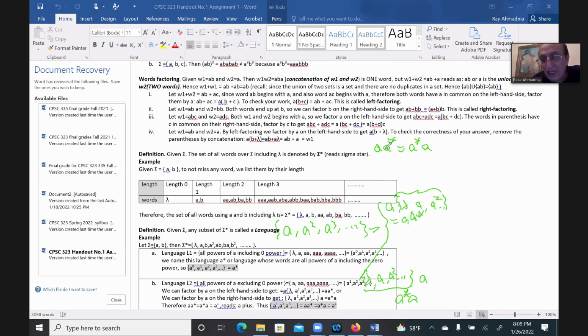Got it? We have a name for this one because a lot of times you come up with something like this. This one is called A plus. A plus is all powers of A except the 0 power.